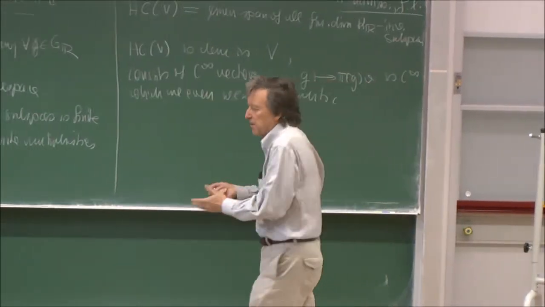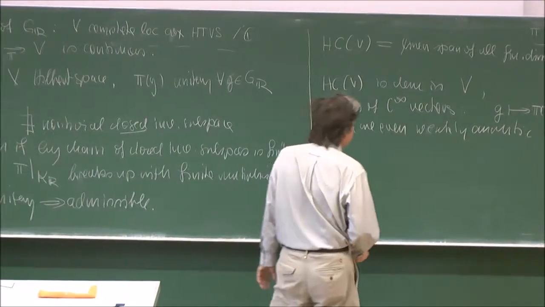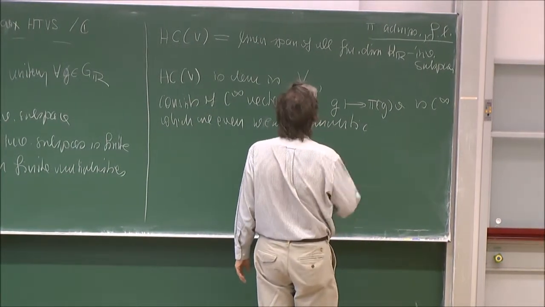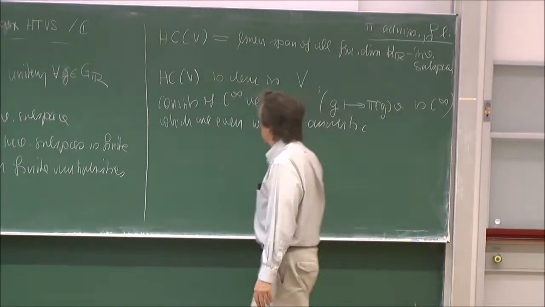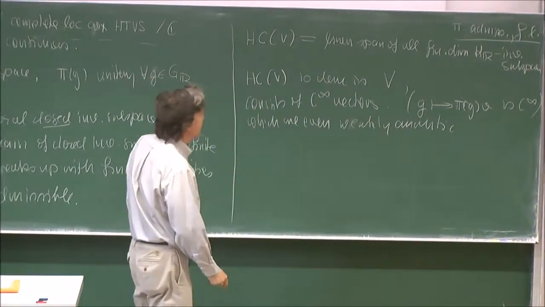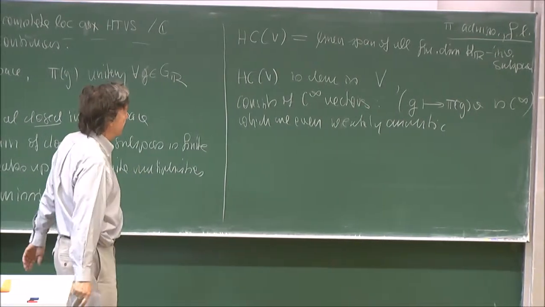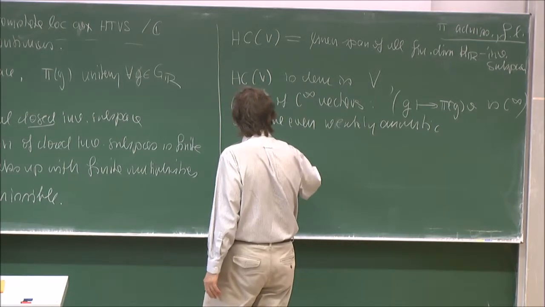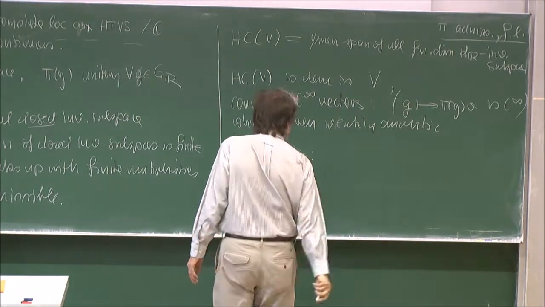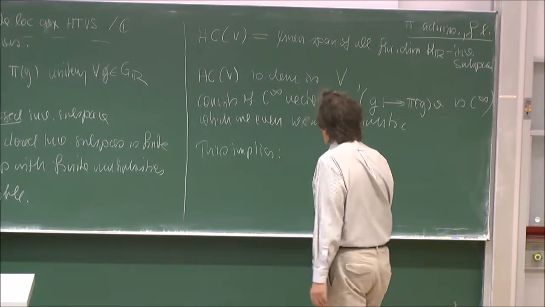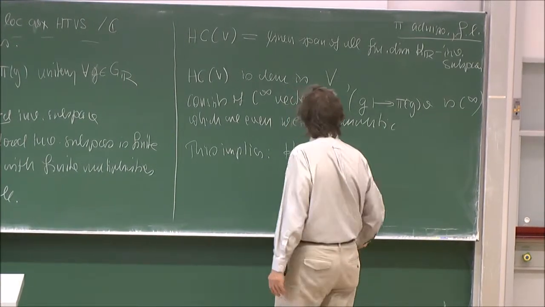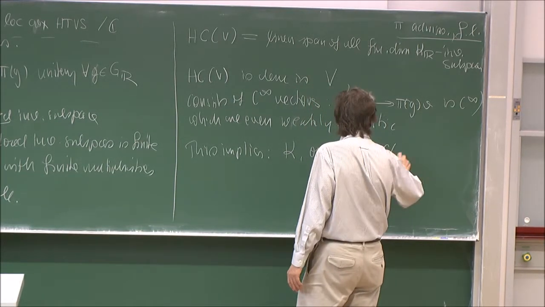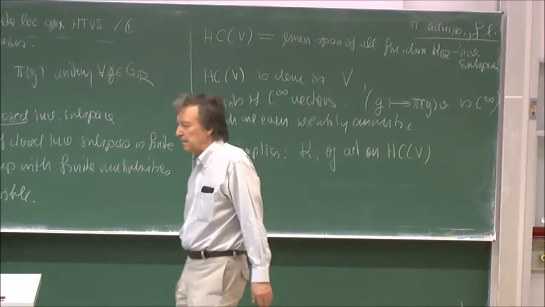But from the point of view of actually proving facts about such representations, what is crucial is that HC of V consists of C infinity weakly analytic vectors. And so this implies that K and G act on HC of V. So what does this mean?